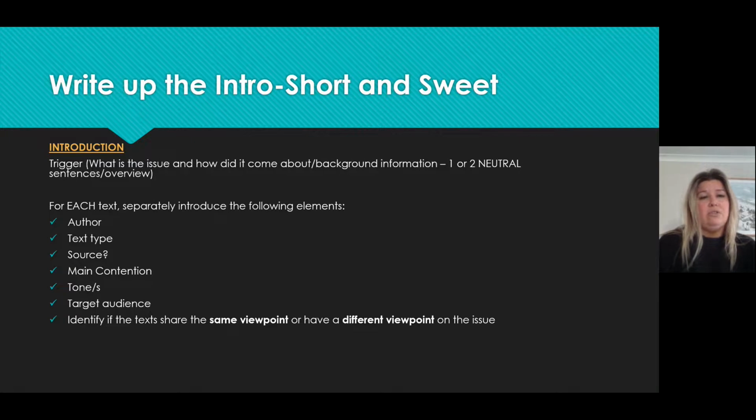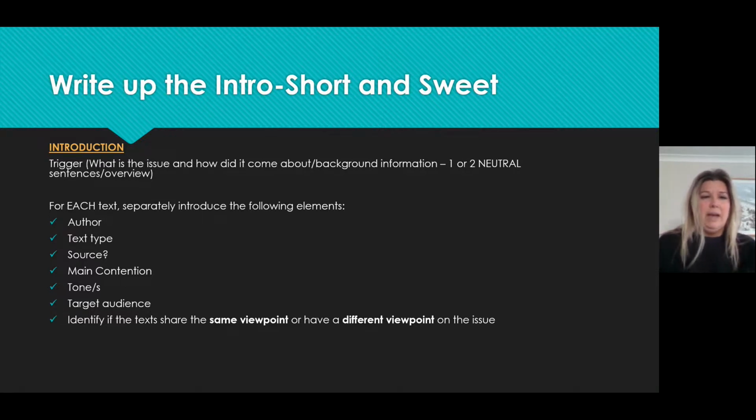Then you need to introduce each text. If there are 2 pieces, please introduce them both briefly in the introduction. If there's only one, again, that's fine, but keep in mind the purpose of an introduction is to introduce the entirety of your response, so you must include each text.